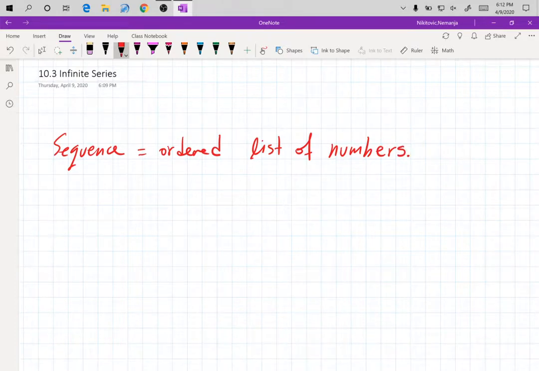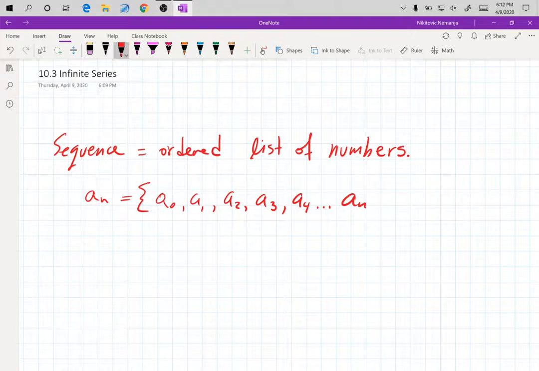And the ordering was done through n, so we had a0, a1, a2, a3, a4, ... an. Now we said that the sequence can be finite, the sequence can be infinite, all of that stuff. So that was the last time.